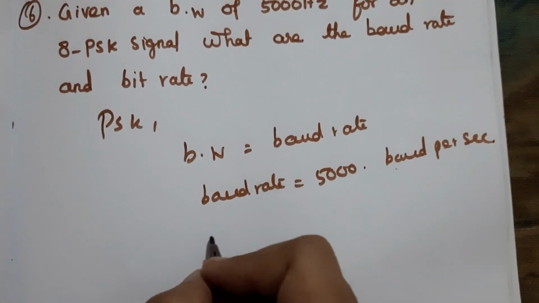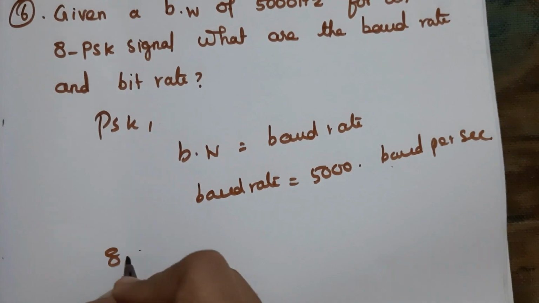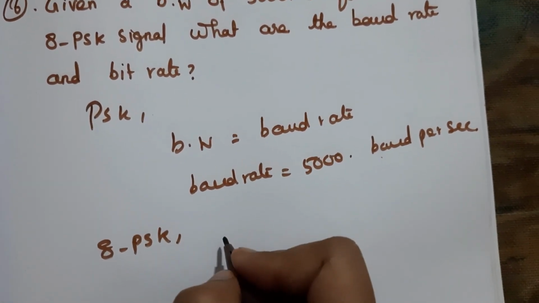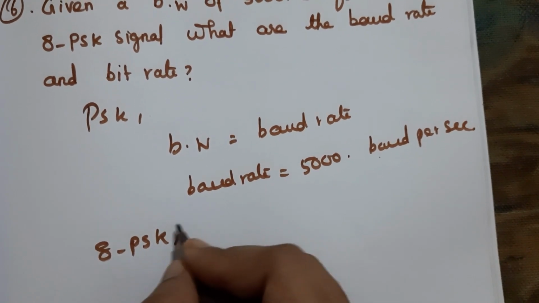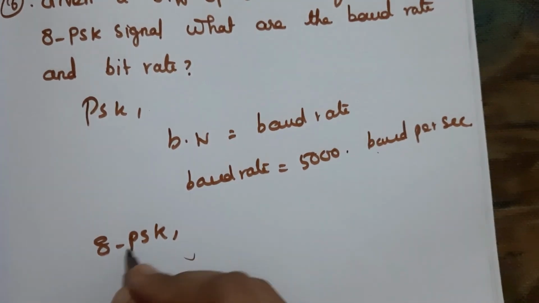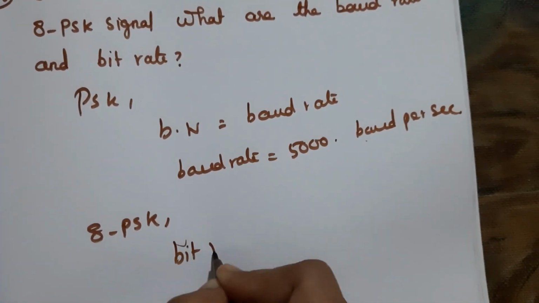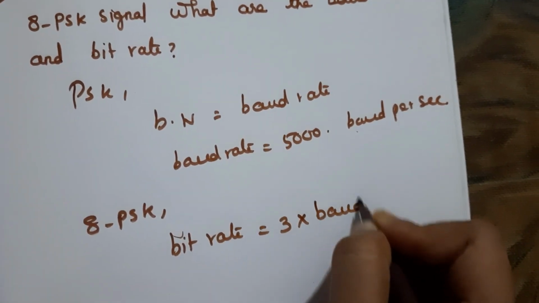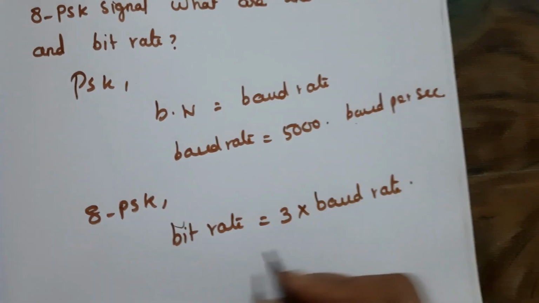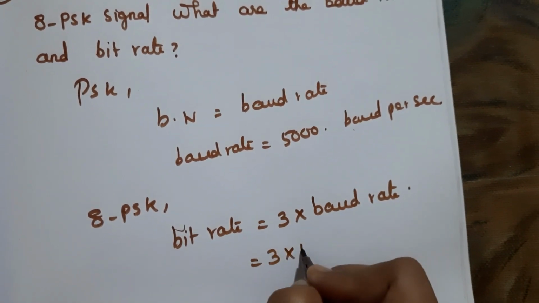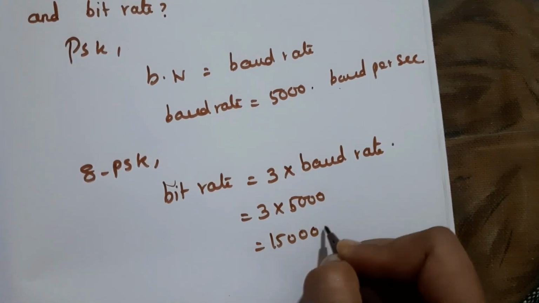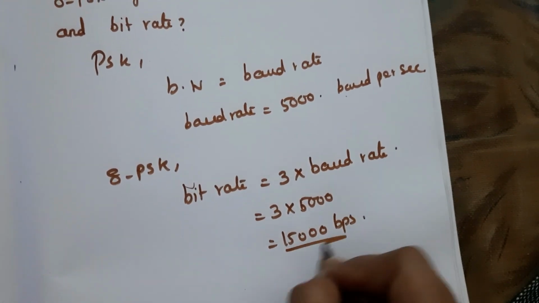And also this is 8-PSK, so bit rate is 3 times the baud rate. In 8-PSK, bit rate is equal to 3 times baud rate. So that is 3 times 5000, so 15,000 bits per second.